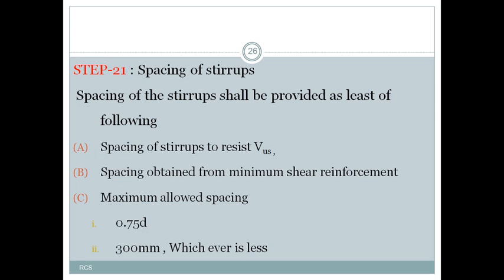The spacing of the stirrups shall be at least the following. One is the spacing of stirrups to resist the total shear force. Another is the spacing obtained from the minimum shear reinforcement. The third is the maximum allowed spacing, that is 0.75 d or 300 mm, whichever is less. Among these three criteria, we have to take the minimum value as the spacing for the stirrups.